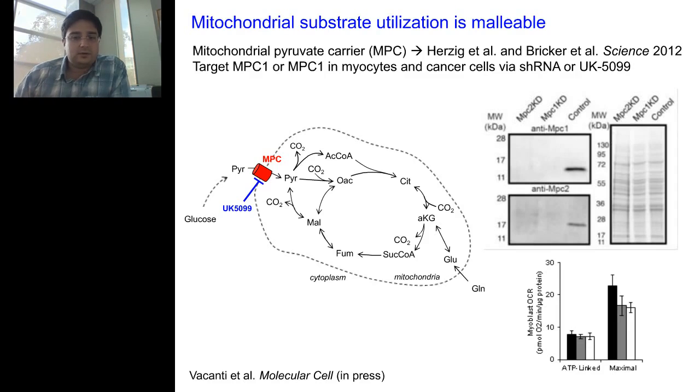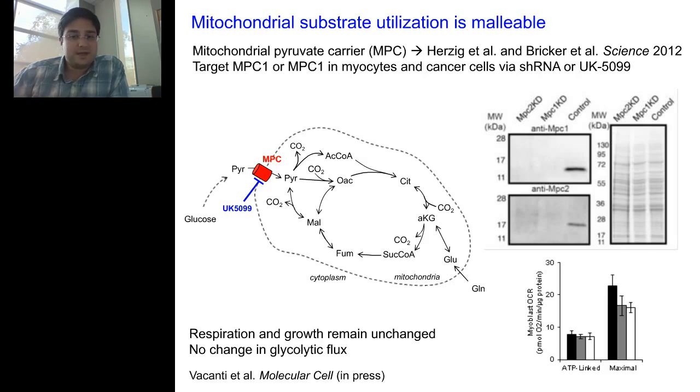Only if we added an uncoupler to the cells did we see an effect on respiration, a reduced respiration. But basal respiration was constant. And cell growth itself in cancer cells or myoblasts also remained constant. And we observed no change in glycolysis or lactate efflux.